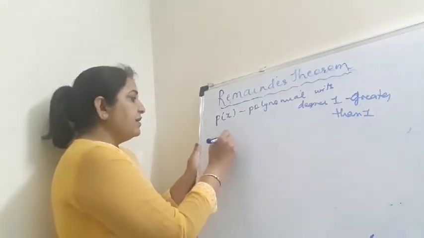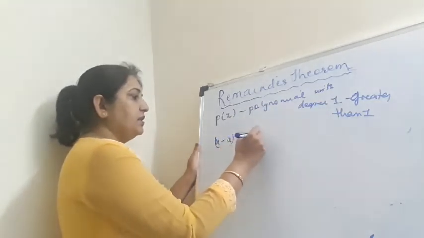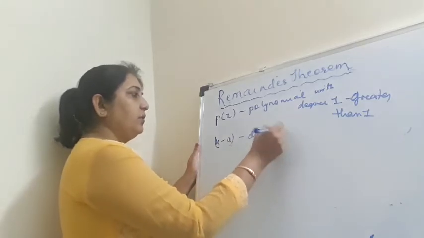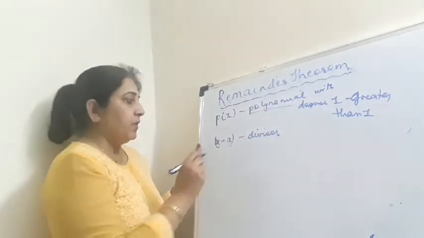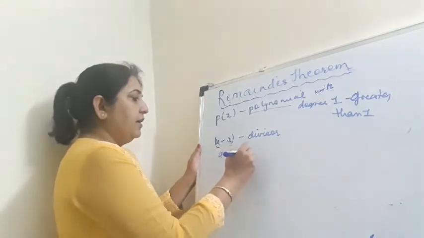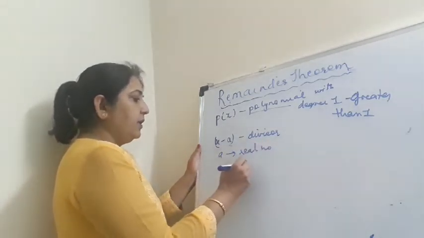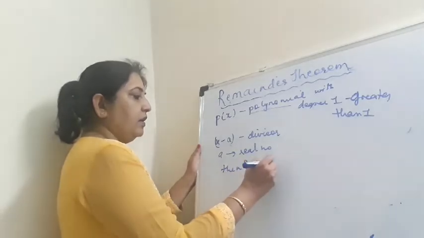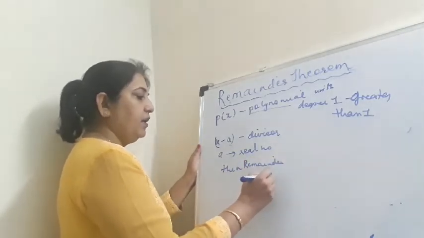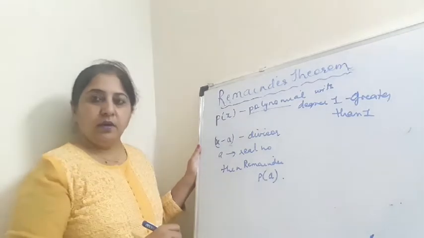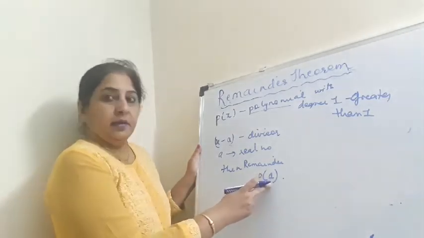And if x minus a is the divisor of the given polynomial, where a is any real number, then the remainder will be P(a).